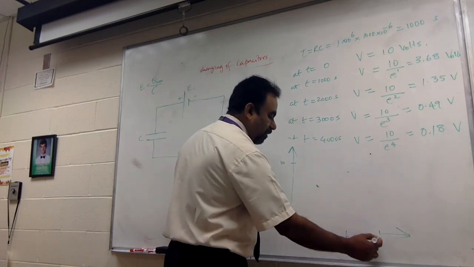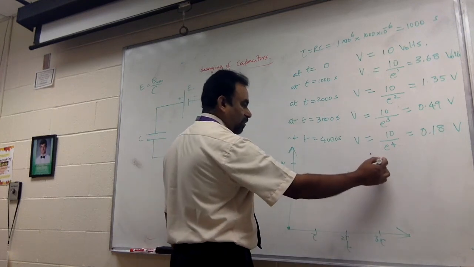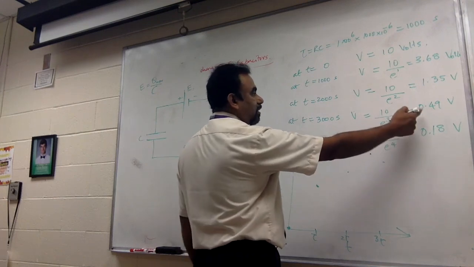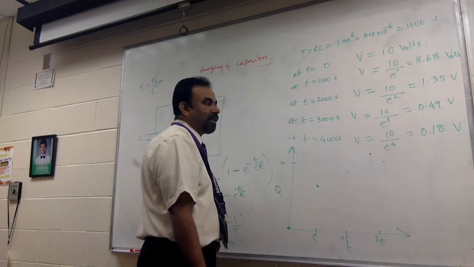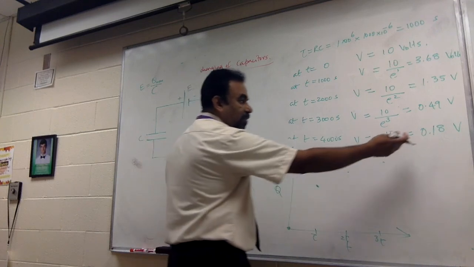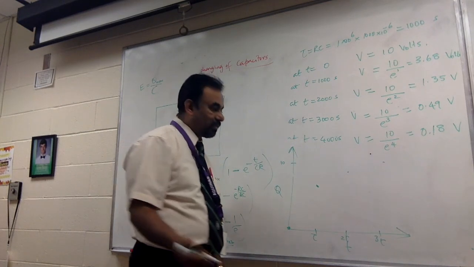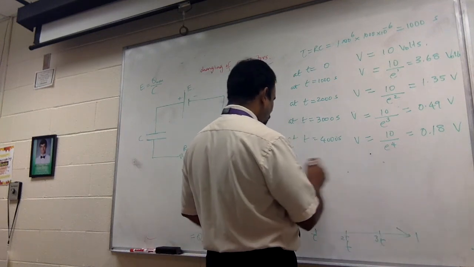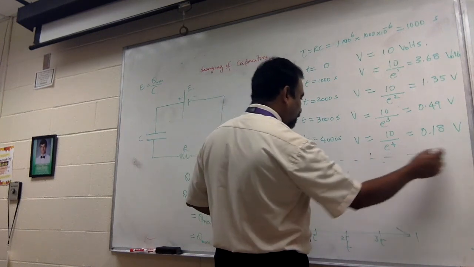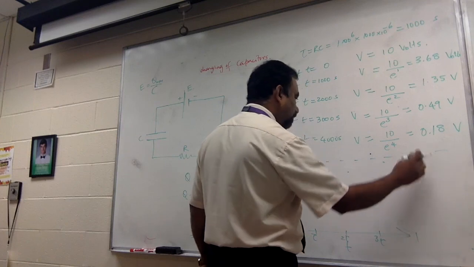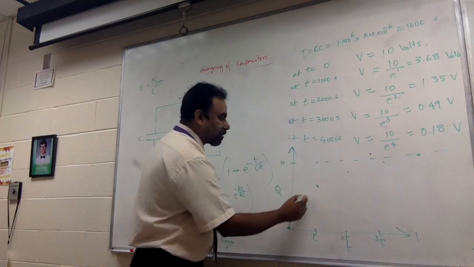And after three time constants, it's going to be closer to 10. It's almost like 9.5. After four time constants, it's almost going to be 9.8. So after four time constants, it's going to be close to there. So the graph goes like that.